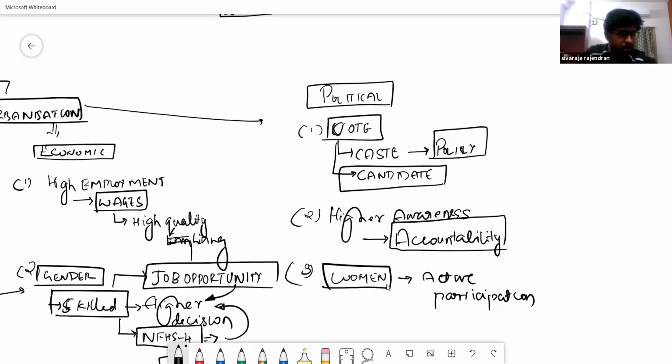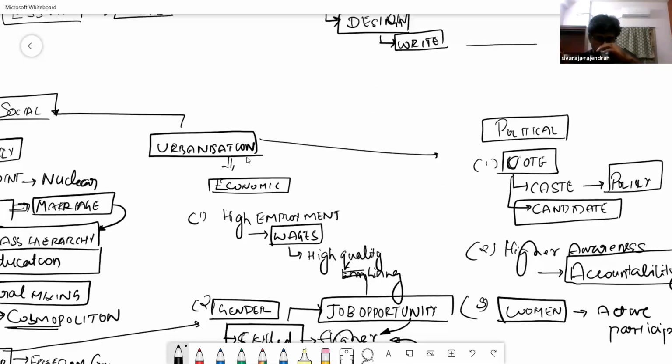Any other point? Whichever stand you take, you can take any stand, but take a balanced stand. In the UPSC interview, you should not take any one stand. You can take a balanced approach.